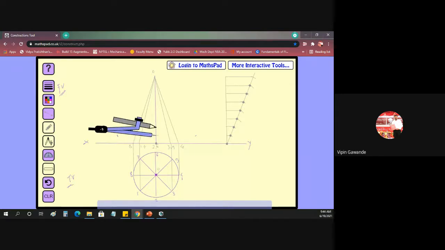Next this one is 2. Then this one is 3. Then this is 4. I have taken the divisions on the vertical line. These divisions I have taken in the compass.